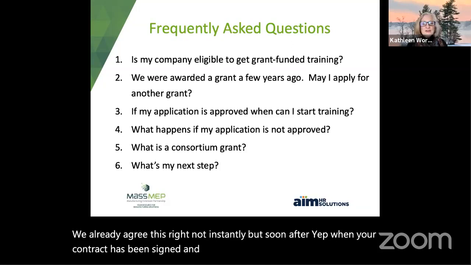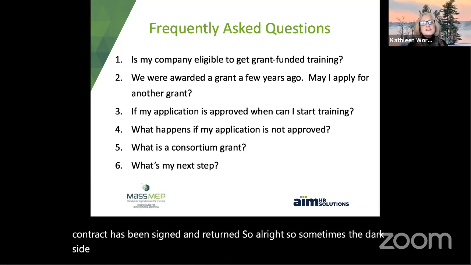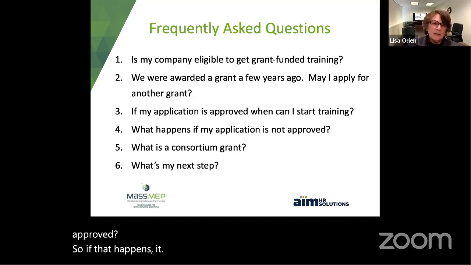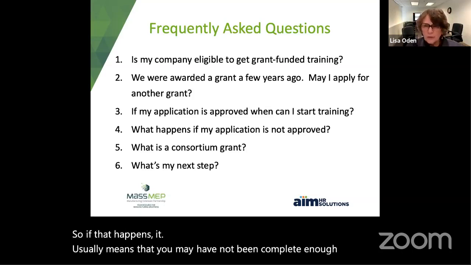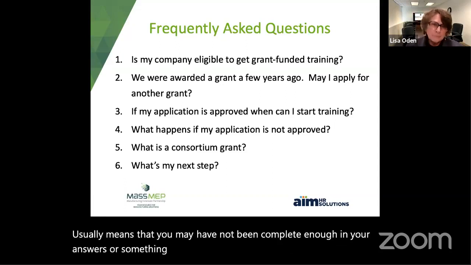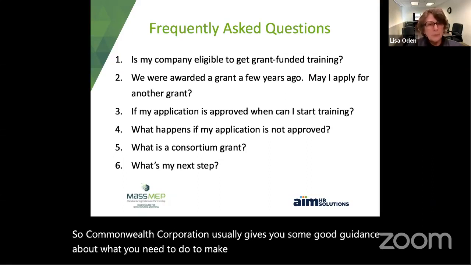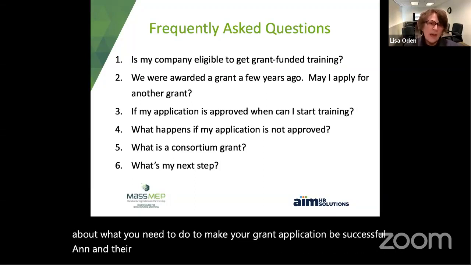So sometimes the dark side comes. What happens if my application is not approved? If that happens, it usually means that you may not have been complete enough in your answers. Commonwealth Corporation usually gives you some good guidance about what you need to do to make your grant application successful, and they're interested in that happening for you.